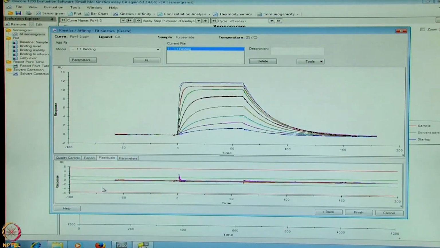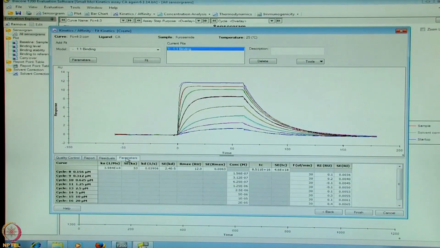Here, with the one-to-one fit of the data, the residuals or the differences from the black line to the colored line should fall within the green areas or at least within the red area. Here they are within the green areas and it looks absolutely good to proceed with this data. Similarly, other parameters like the standard error are provided here.